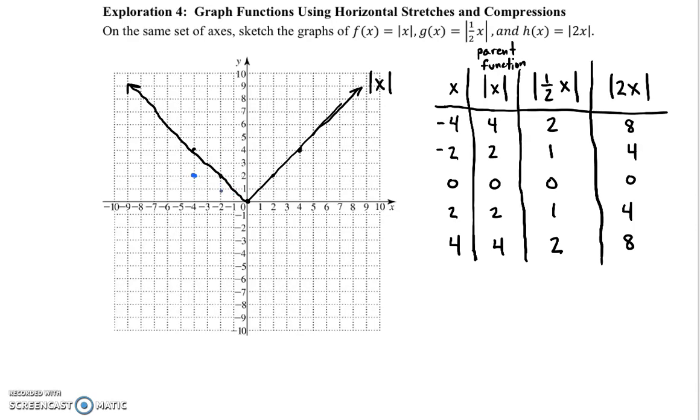At -2, we get 1. And then 0, 1, 2. So here's the absolute value of 1/2 x.